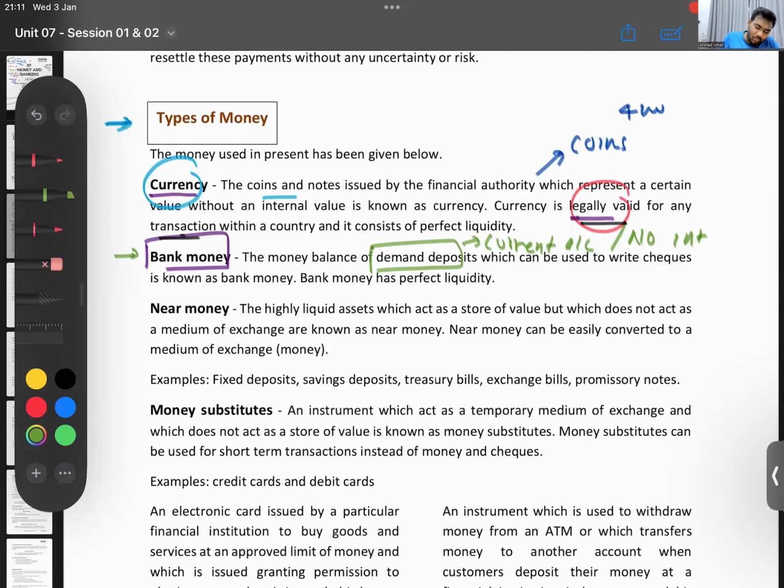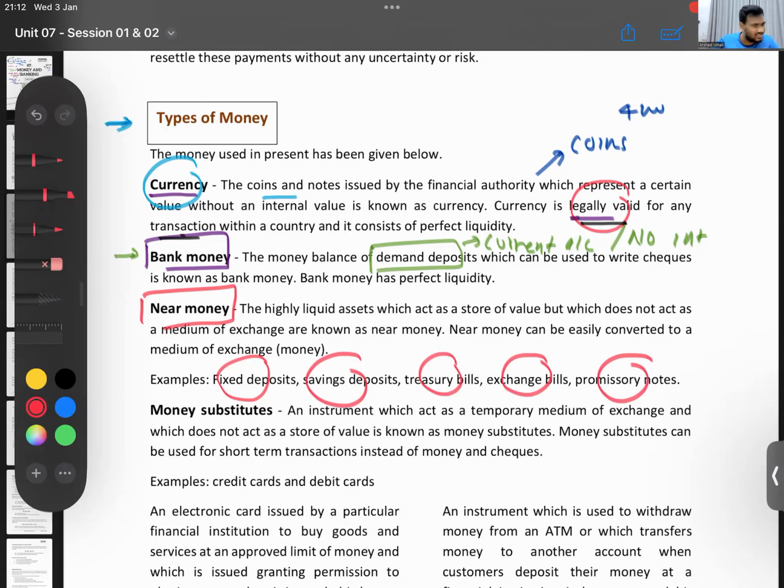Then what is near money? Near money is the money you have in fixed deposits, savings deposits, then treasury bills, treasury bonds, exchange bills, promissory notes.